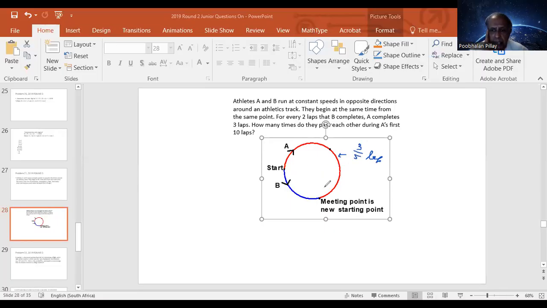A full lap means the part he takes to get back to start: from start, he comes back to start again. So the red part is 3/5 of a lap, while the blue part is 2/5 of a lap. It has to be like that because for every 3 laps A does, B does only 2.